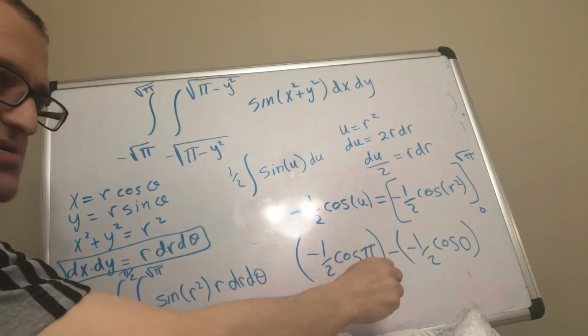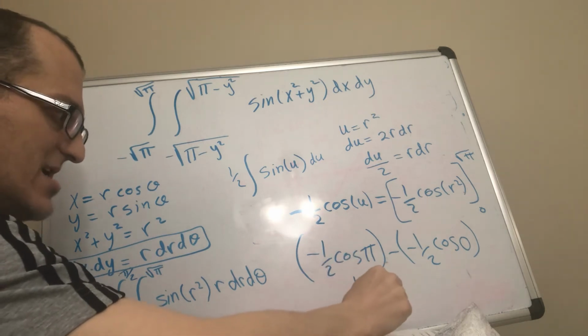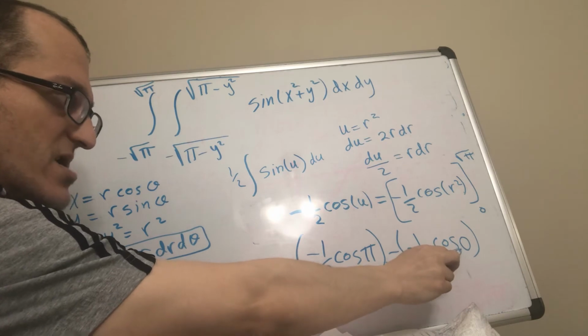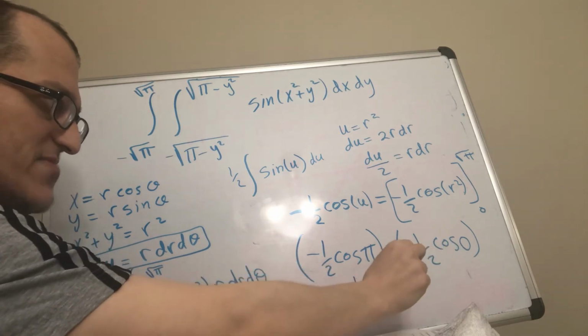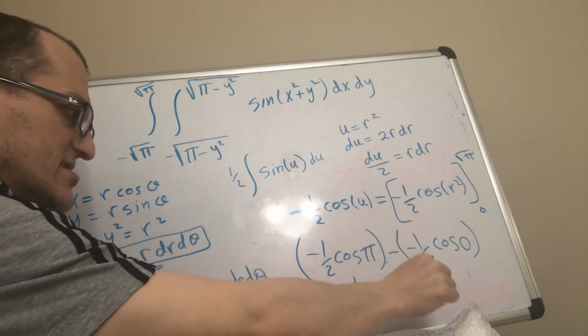Cosine of pi is negative 1 times negative half, that's half. Cosine of 0 is 1 times minus half, that's minus half, and minus a minus gives plus half. So the answer is 1.